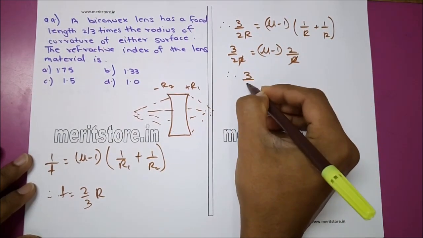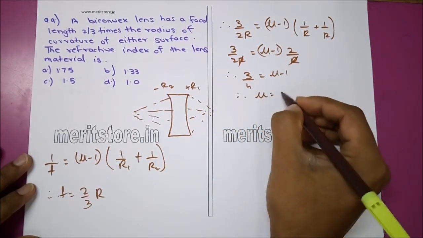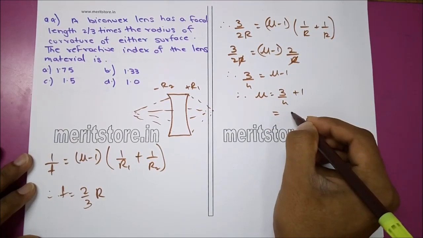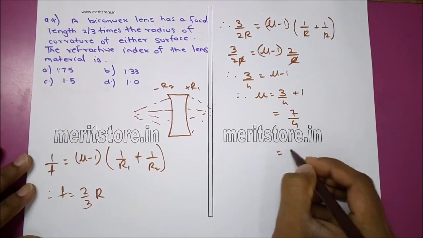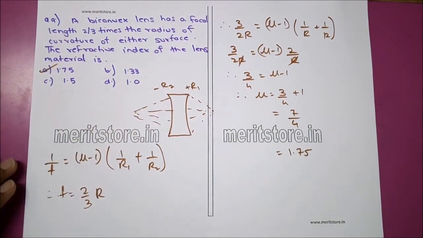Therefore 3 by 4 is equal to mu minus 1. Therefore mu equals 3 by 4 plus 1. So that is nothing but 7 by 4, and 7 by 4 is nothing but 1.75. Hence option A is the correct answer.